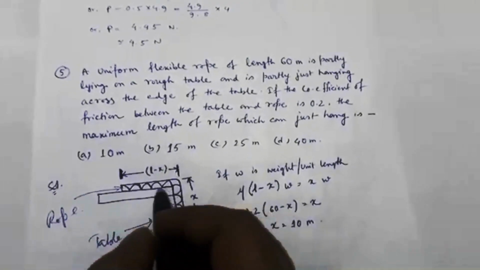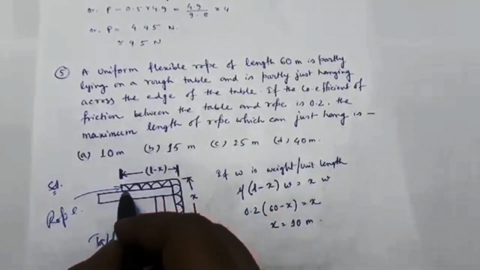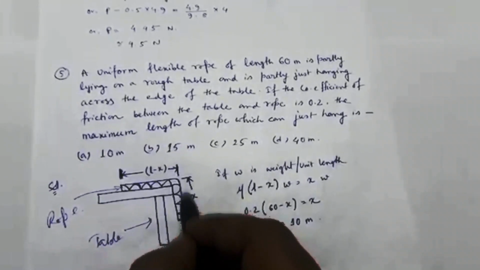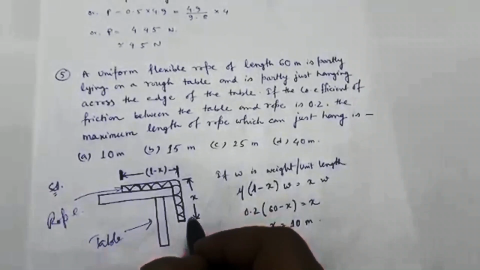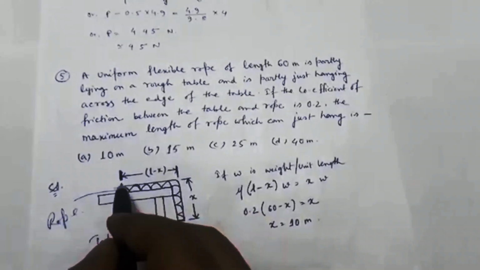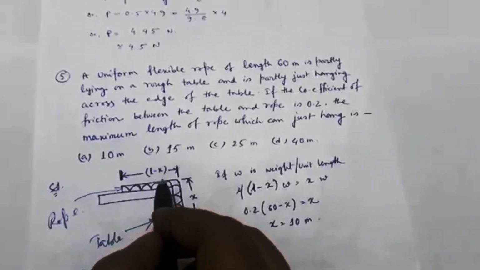Let's assume the length of the hanging portion of the rope is x, and the length of the portion on the table is L minus x.